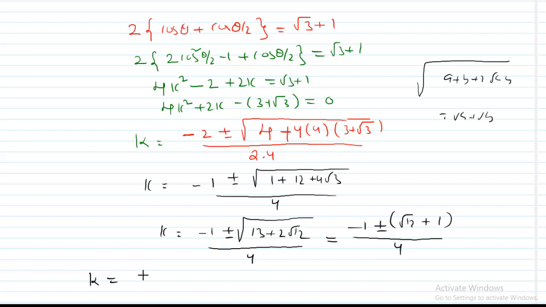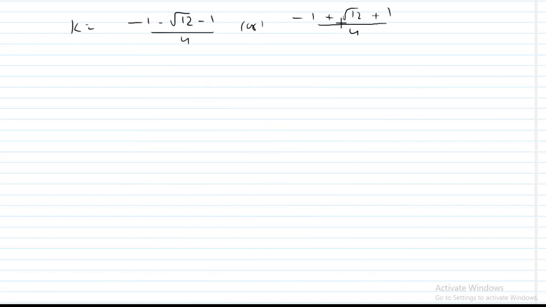One k value is (-1 - √12 - 1)/4 or (-1 + √12 + 1)/4. Observe here, minus and minus get cancelled.